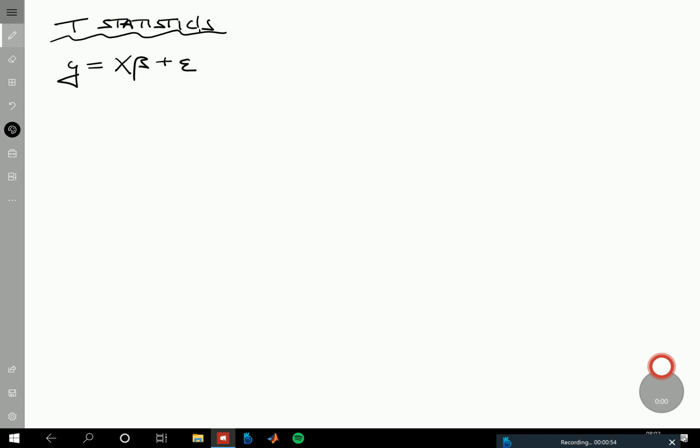So we are in the process of estimating the GLM. So that's what we've done last time, where we introduced the beta hat estimator and the variance estimator.